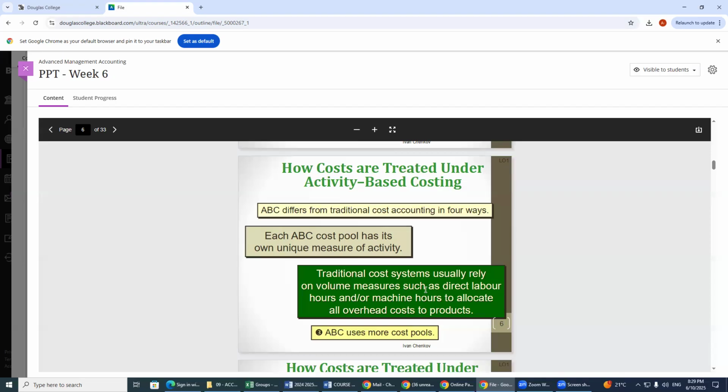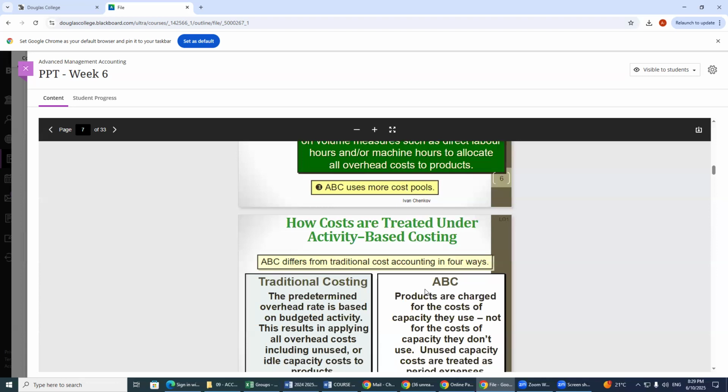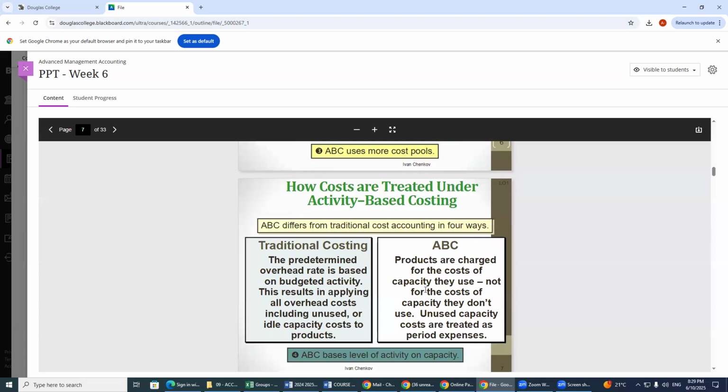Usually it's the volume measure, which is either direct labor, either the cost of the direct labor, or machine hours, but it's going to be only one measure. In activity-based costing, we can have different measures.